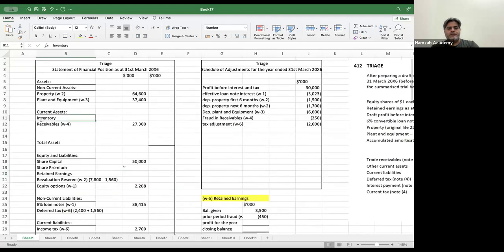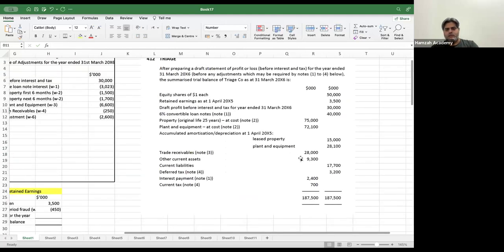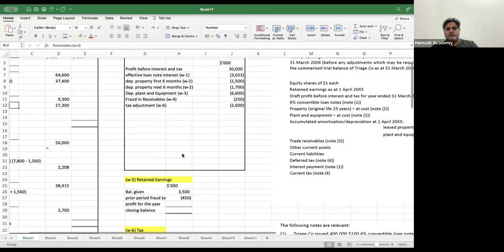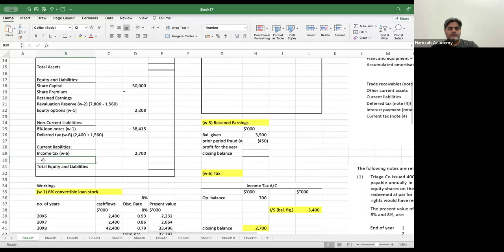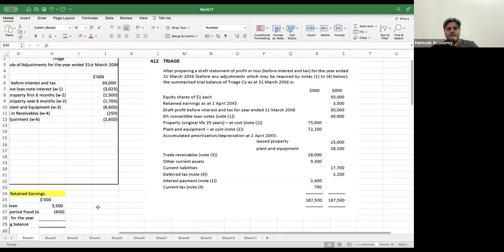So instead of the inventory, we have other current assets, which is 9,300. Current liabilities balance given is 17,700.